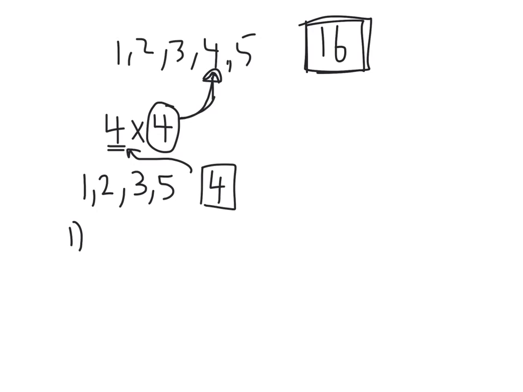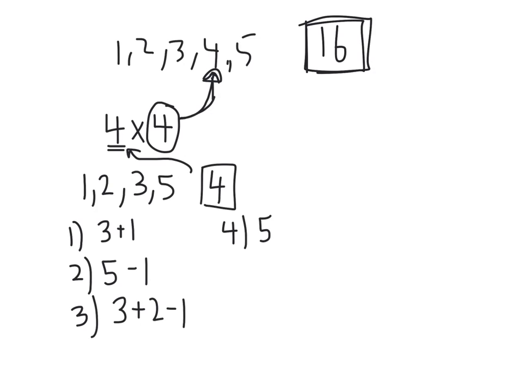So I can do 3 plus 1, I can do 5 minus 1, I can do 3 plus 2 minus 1, I can do 5 minus 2 plus 1, I think I can do, what else can I do? I can do 5 plus 2 minus 3.